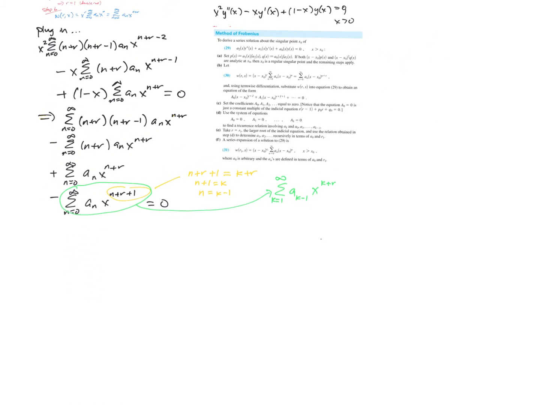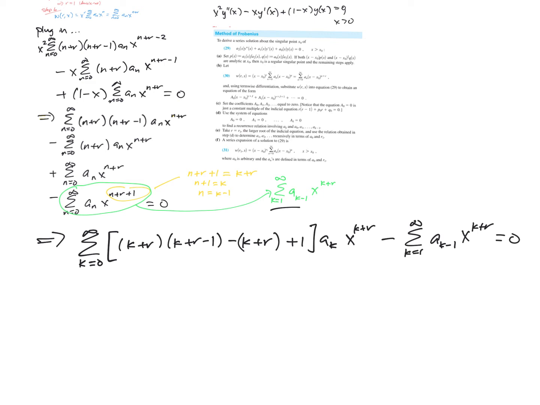So let's combine all these things together. One of the first three start at n or k equals 0, and this one, the last one, starts at k equals 1. So we're going to still write them out separately for a second, and we get this.